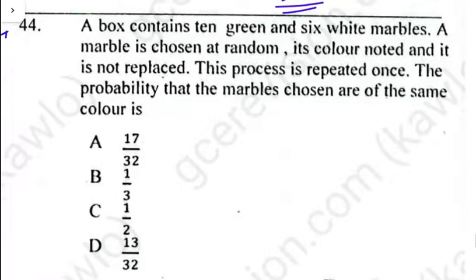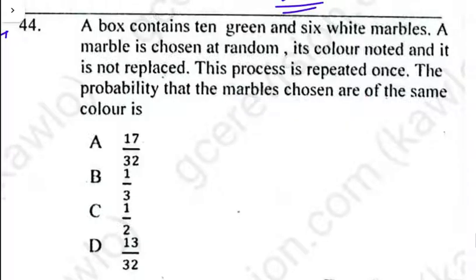Question 44. A box contains 10 green and 6 white marbles. A marble is chosen at random, its color noted, and it is not replaced. This process is repeated once.